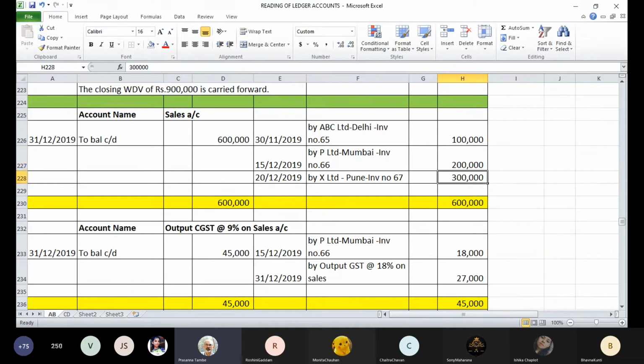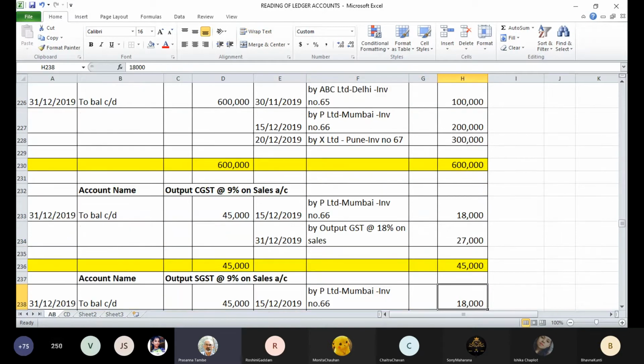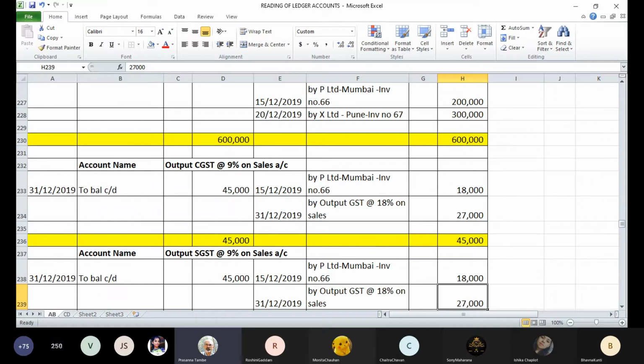So if you see here, output GST account by P Limited, 15 December, invoice number 66. Whatever is CGST, 18,000, will come here. And whatever is SGST, 50% of that, 18,000, will come here, at 9% on sales.